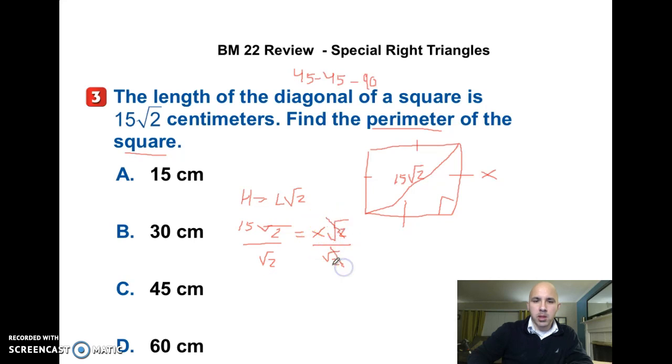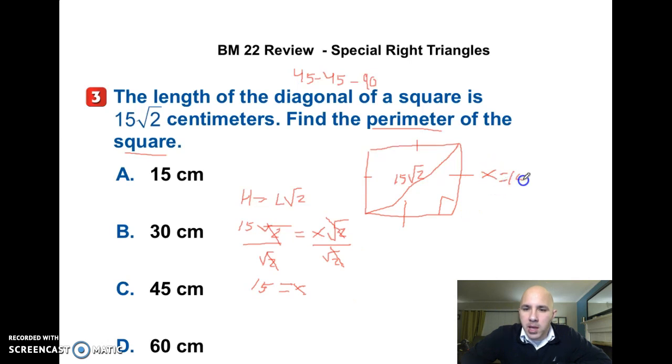Square root of 2 cancels out. This square root of 2 also cancels out. And then I'm left with 15 for X. All right, so 15 here is X.